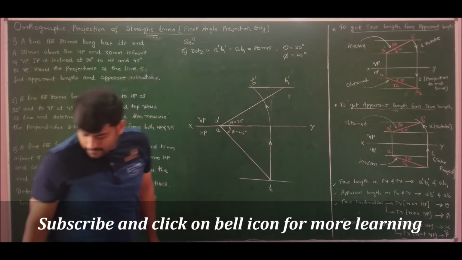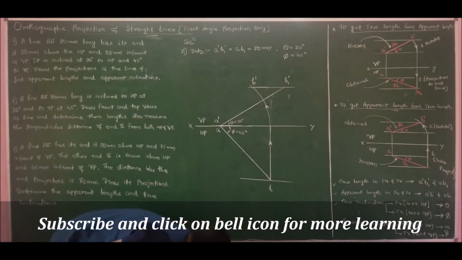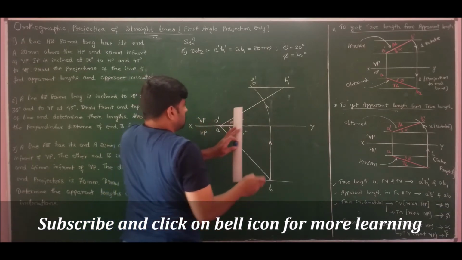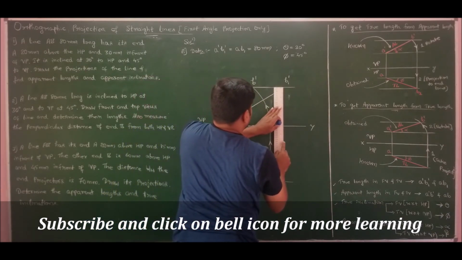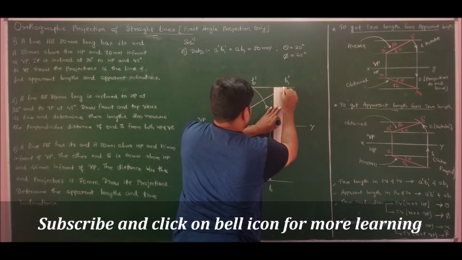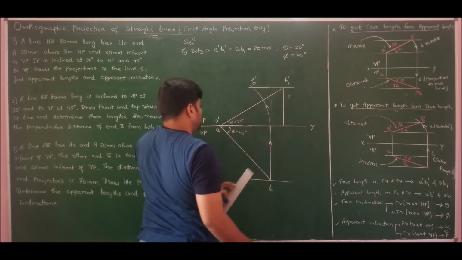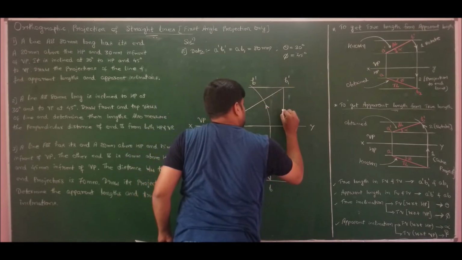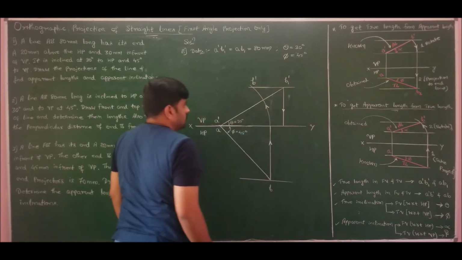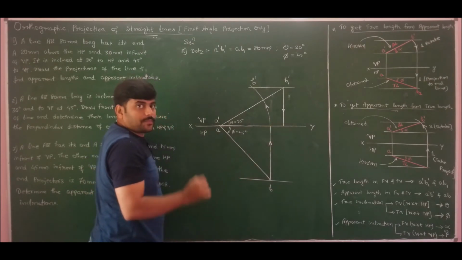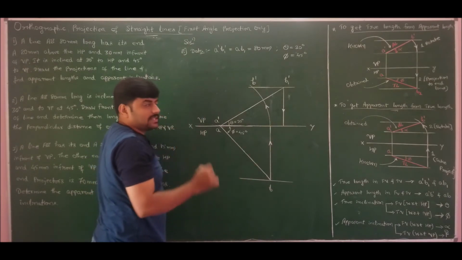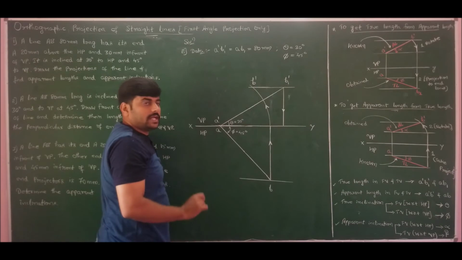So similarly, draw perpendicular from B1 dash to the initial locus of line, that is locus of A, which is nothing but XY line, and now rotate. In the first problem itself I have explained the concept of end projector.